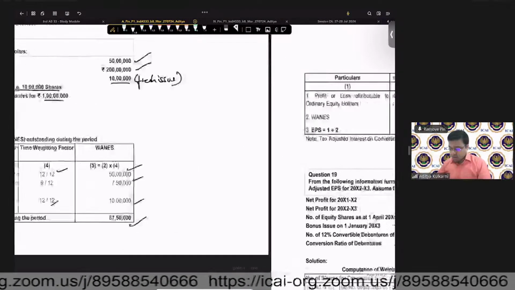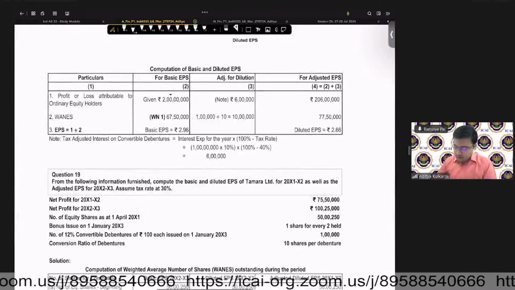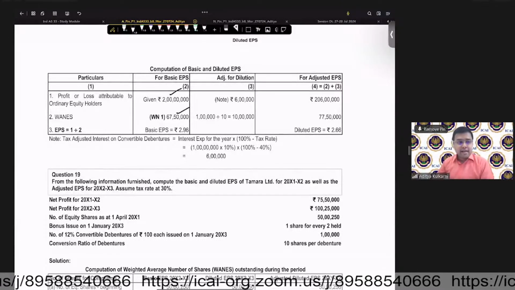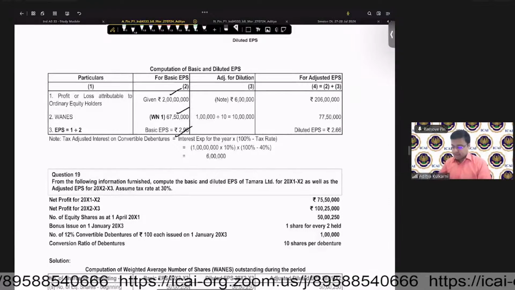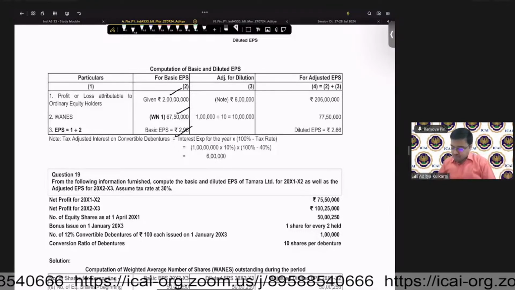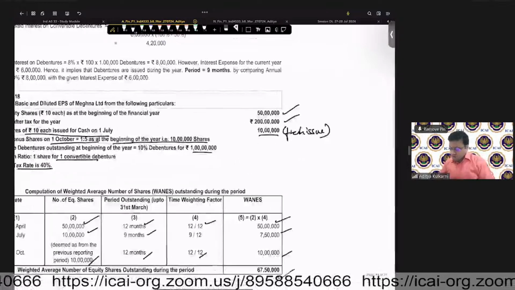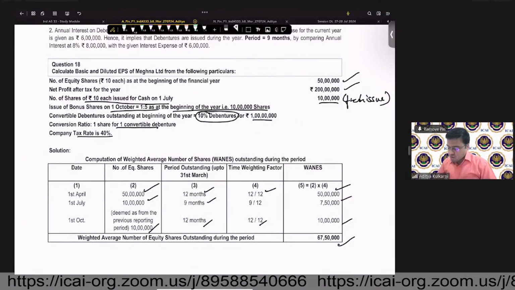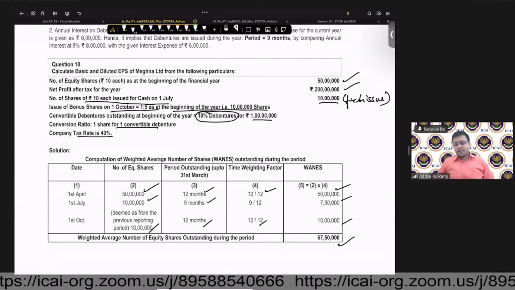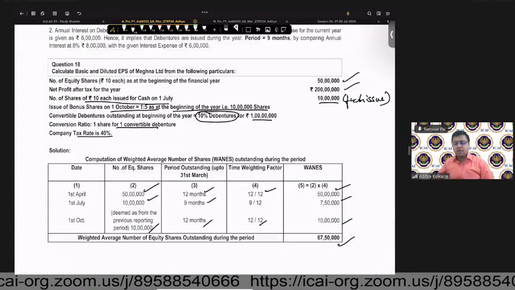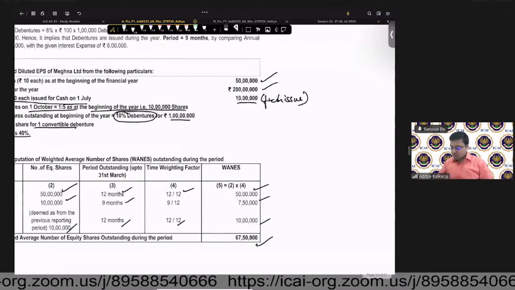So now coming to the workings, profit for basic EPS is 2 crore, divided by 67 lakh 50, so 2.96. Coming to the dilution, you have 1 crore, rate of interest is 10%. So 1 crore into 10% gives you 10 lakhs, into 60%, as the tax rate is 40, so this comes to 6 lakhs only.